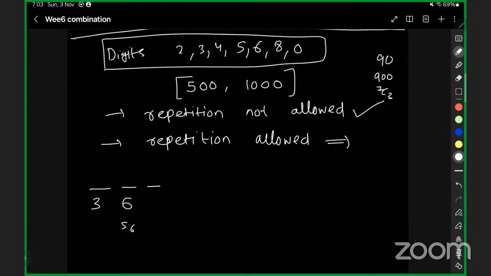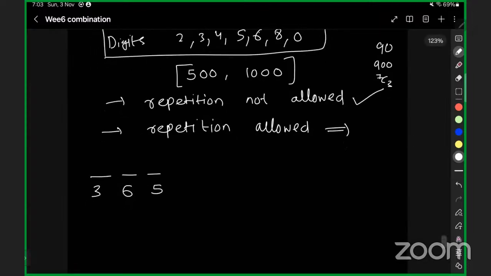Not 5, 6, or 8. Out of these, one will be here, but the rest 2 will be added here, right? Then whatever you chose in this place and that place, you can't use it again here, right? So how many choices will you have? 5 choices. So what you did is you chose the first number out of these 3 numbers, so 3C1.